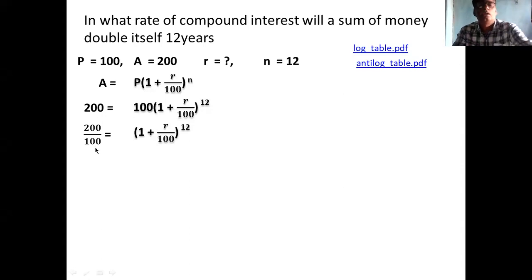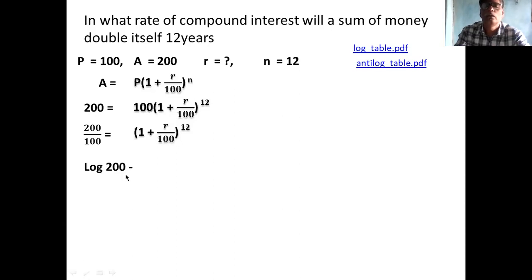But it is better to apply logarithm at this stage. In this problem, it is easy to calculate 200 divided by 100, but it is not possible in all problems. Therefore, you go through the logarithm table and apply the log.